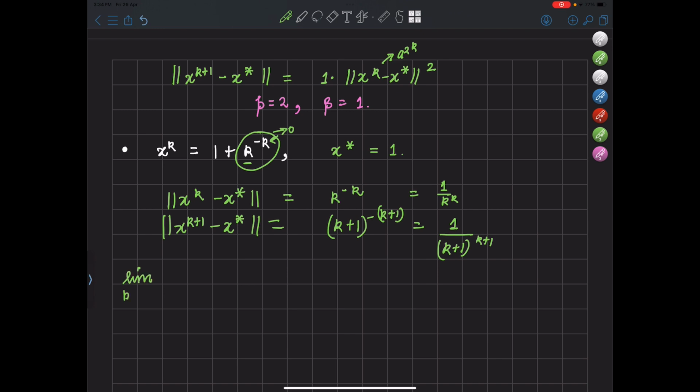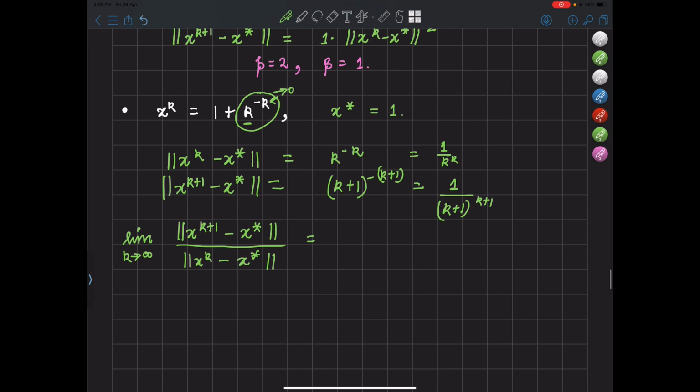So limit k tends to infinity, norm of xk plus 1 minus x star divided by norm of xk minus x star to the power 1. Right. What is this equal to? So as you can see, this value will be equal to k plus 1 to the power k plus 1 upon k to the power k.